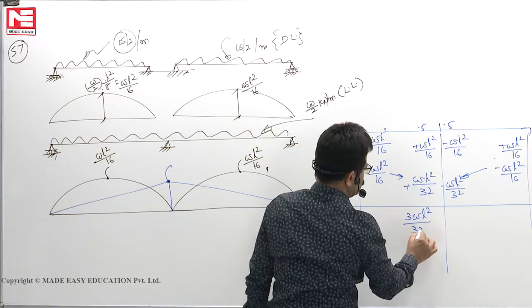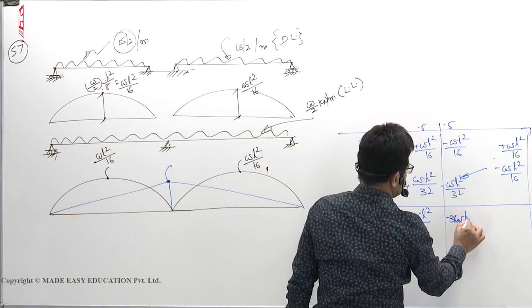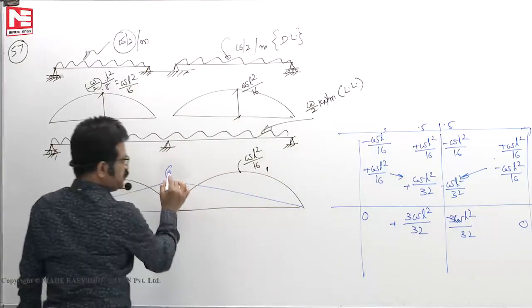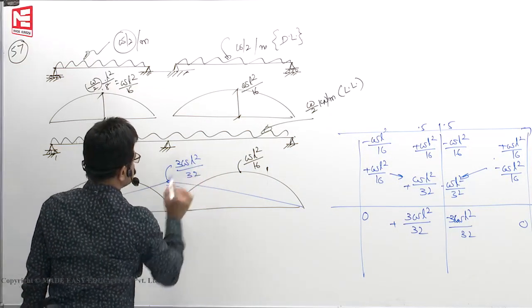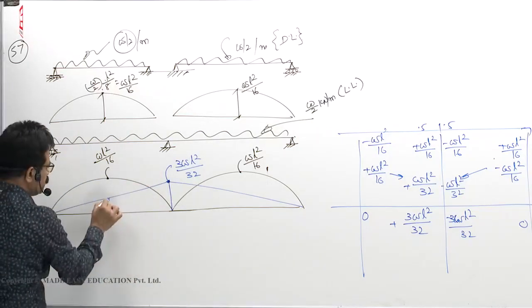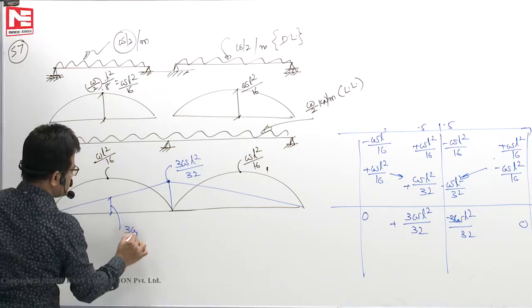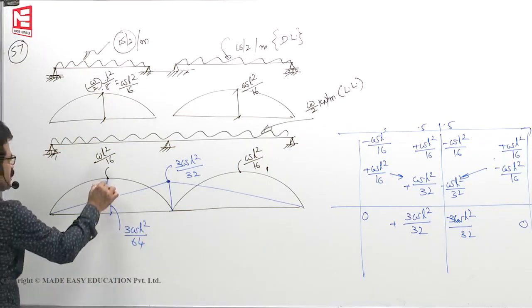3 WL square by 32. This is plus minus 3 WL square by 32, 0. So here you will get 3 WL square by 32. That means here half of that means 3 WL square by 64. Then how much is left out here?